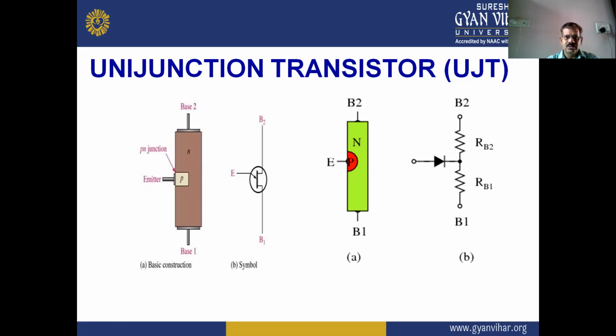The UJT can be represented by two resistances, RB1 across base 1 and RB2 across base 2, and a diode D. So two resistances and one diode form the equivalent circuit diagram of the UJT.